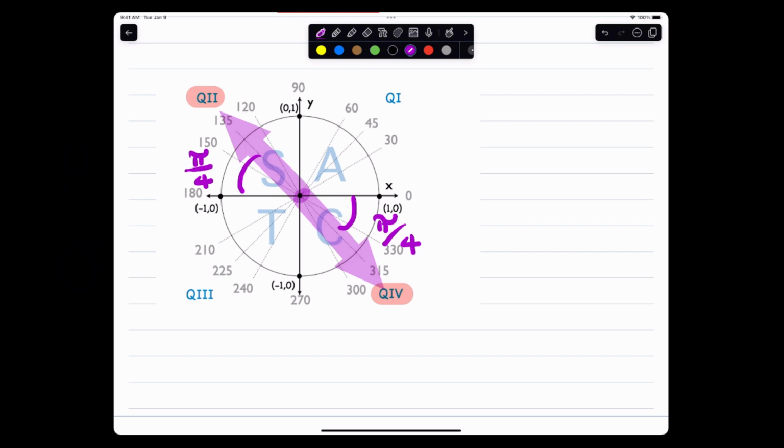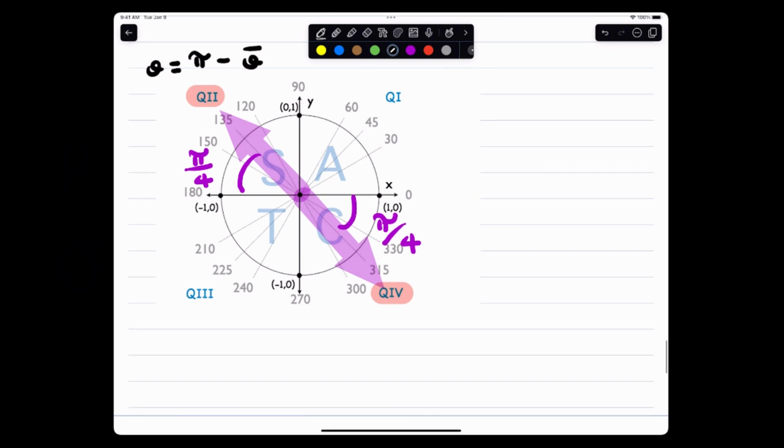What you may recall is how do you get your answers for the various quadrants. Quadrant 2 solutions, you remember these equations? That was going to be pi minus the reference for quadrant 2, and for quadrant 4, the angle is going to be 2 pi minus the reference. Is that true?